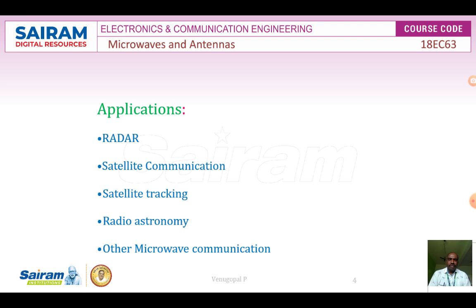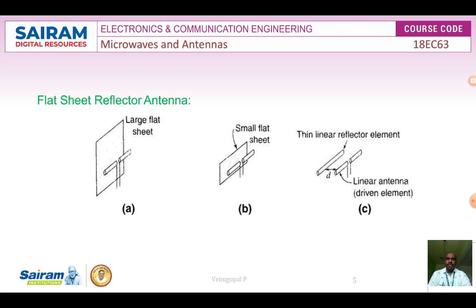This exists as a stand-alone device for redirecting the RF energy, radio frequency energy, in order to improve the performance of the antenna. Let us see the different shapes of the reflector antenna one by one.